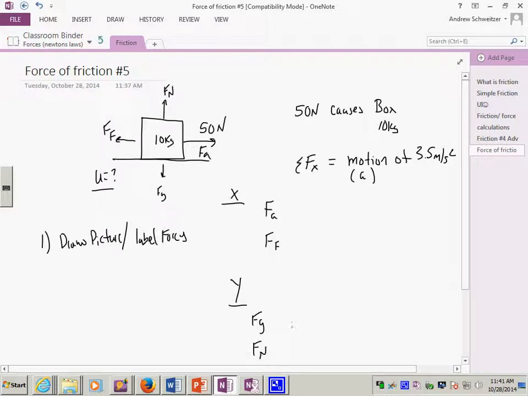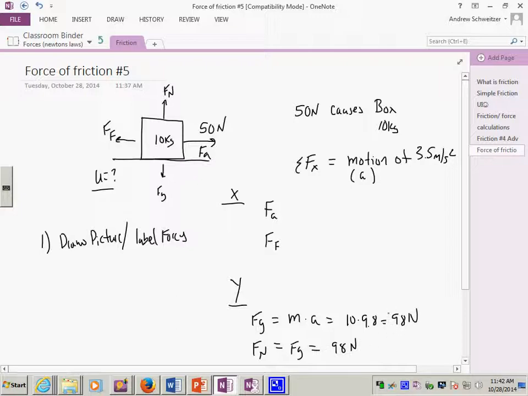Force of gravity is mass times acceleration, which equals 10 times 9.8, which is 98 newtons. My force normal equals my force gravity, which equals 98 newtons.